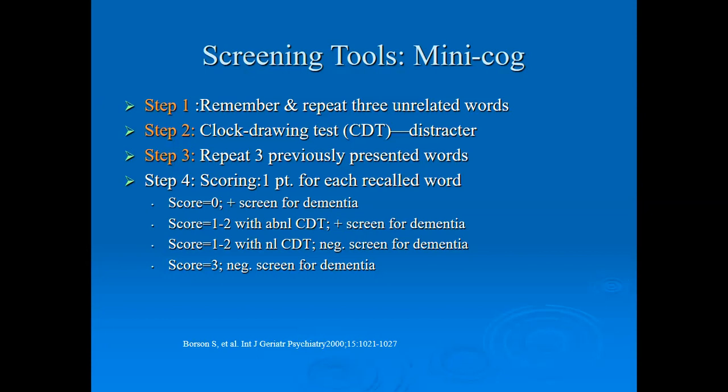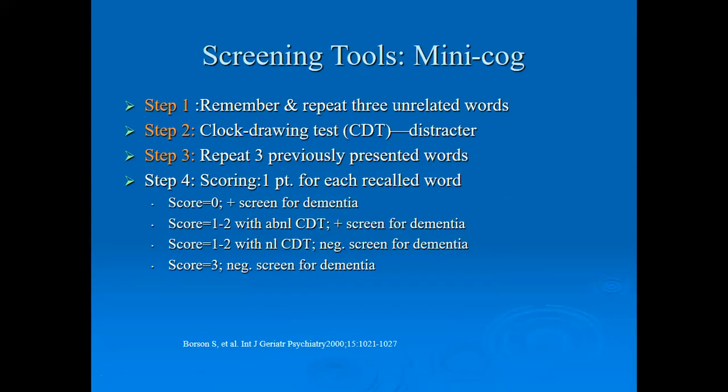Whether the clock draw test is abnormal or not is going to decide whether the patient is positive for dementia. With 1 or 2 words and an abnormal clock draw test, it is positive for dementia. With 1 or 2 words but a normal clock draw test, this is going to be a negative screening for dementia.